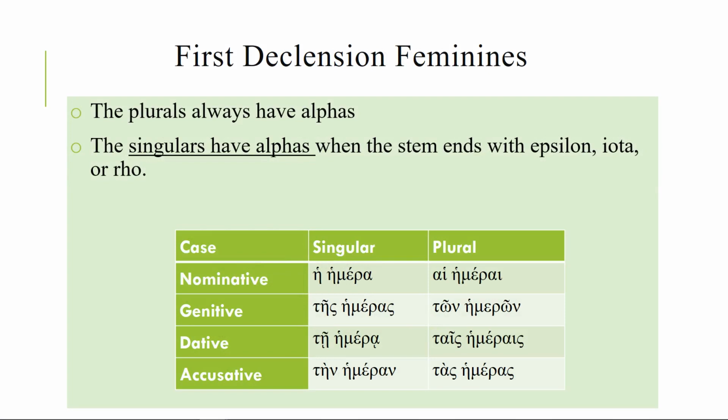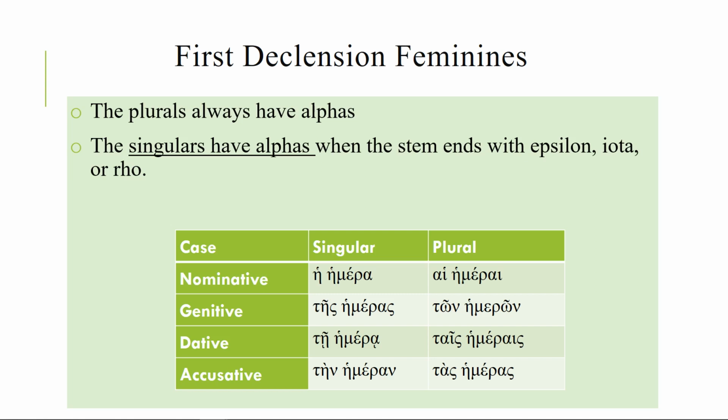So in this case, you have alphas throughout. The only place you don't is in the genitive plural, where two vowels have glommed together into one and lengthened out into a long omicron. These vowels have contracted. There's the word I want. Always use the feminine article.